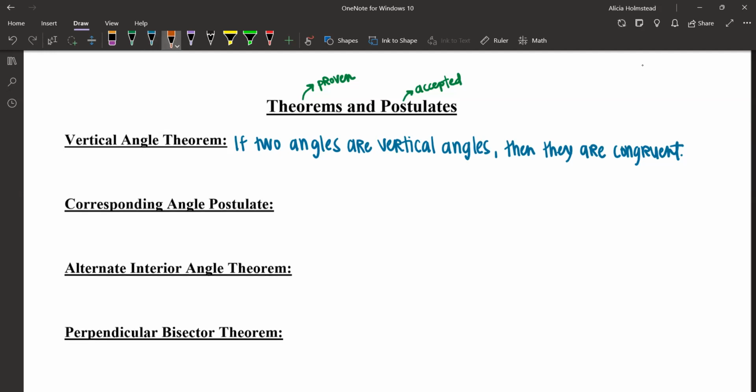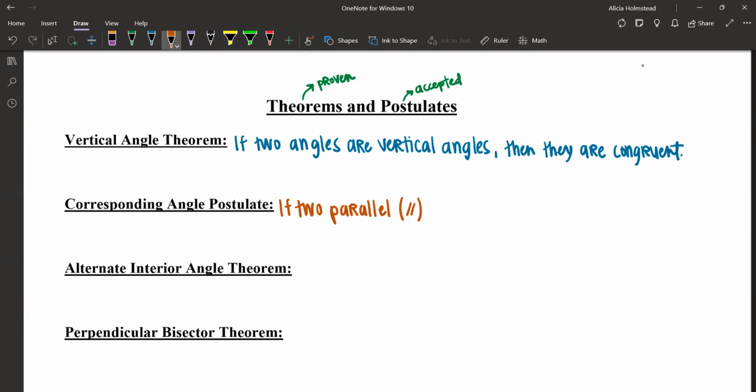Okay, the next one is a postulate. This is the corresponding angle postulate. So this says if two parallel, and the symbol that we use for parallel is two sideways lines.